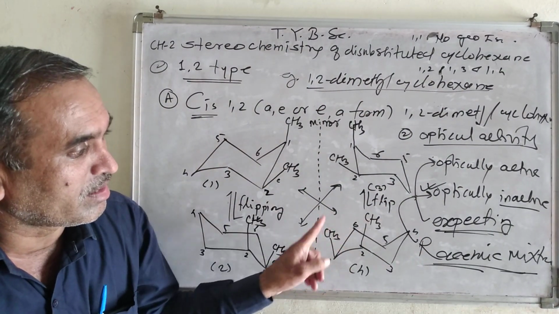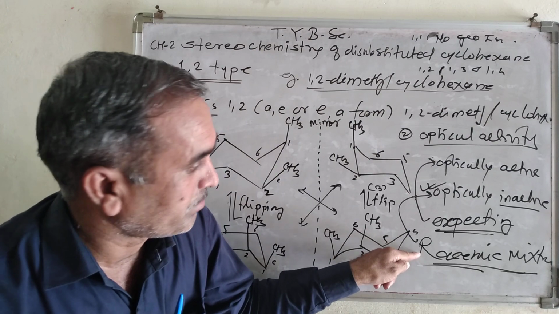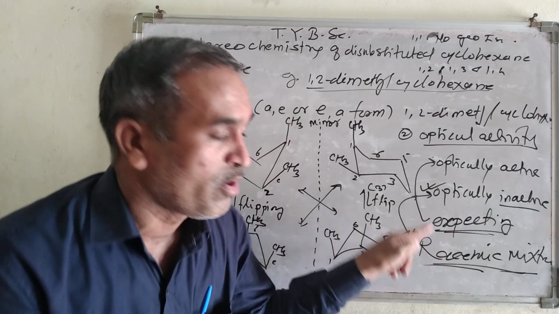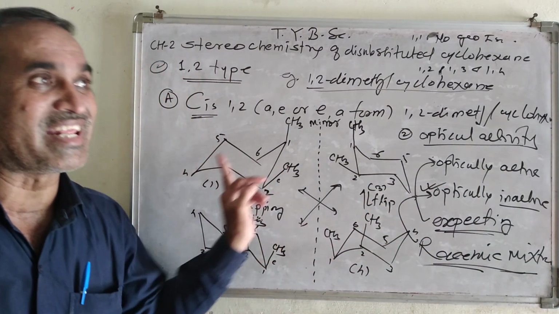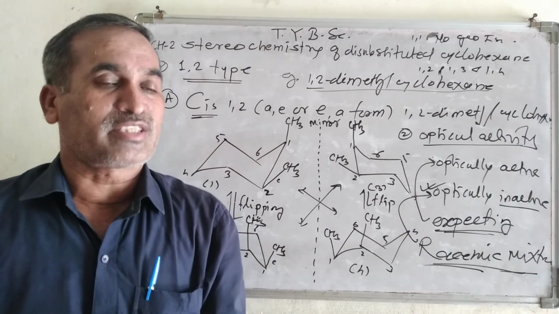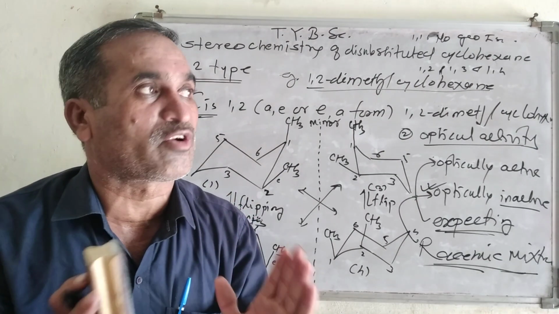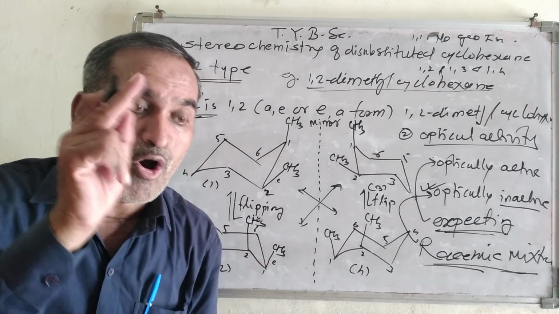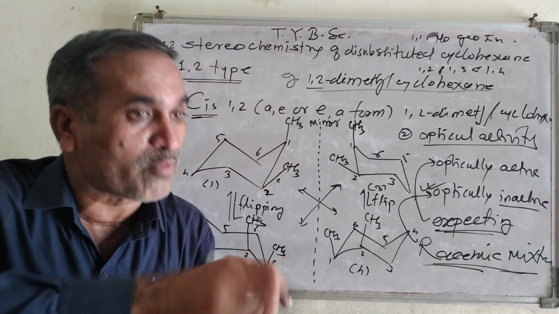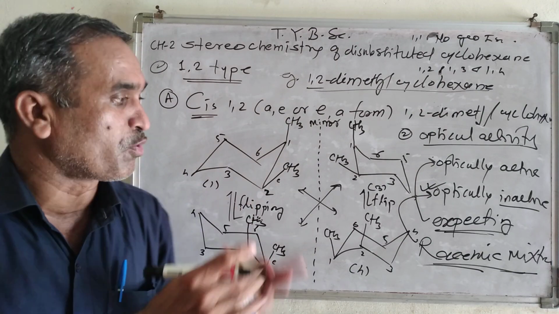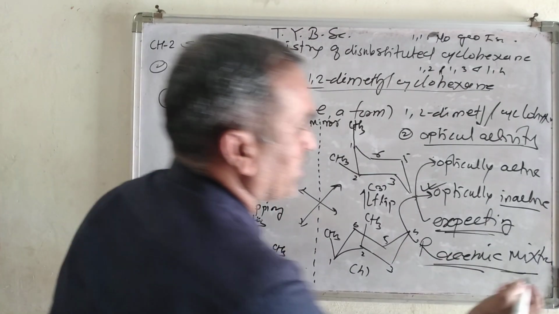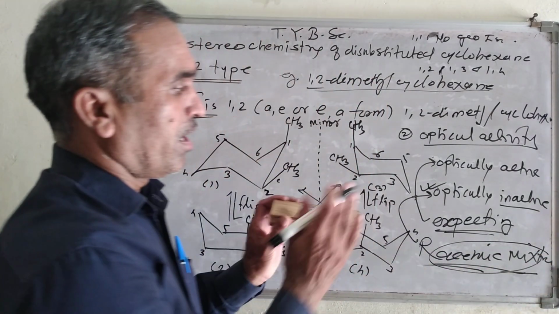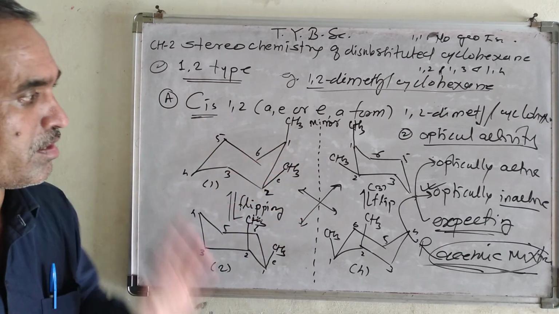Why are they optically inactive? Because these compounds are a racemic mixture. Racemic means equal proportion of this compound, and therefore the resulting deflection in the polarimeter shows as 0. 50% are there. That is called a racemic mixture. And remember, so this is the second point.